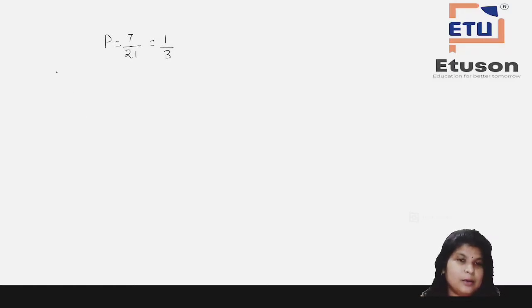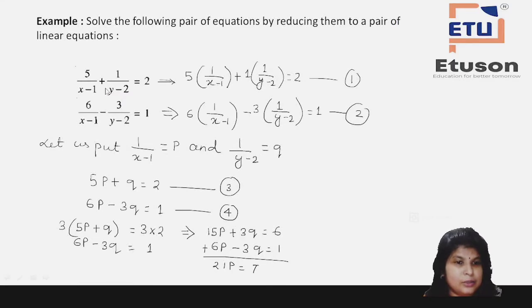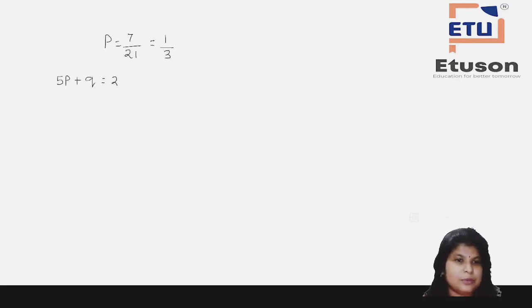Now I can put this p value in any of the equations to find your q value. Remember the third equation which you obtained: 5p plus q is equal to 2. Correct or not? So let us check whether I am writing correctly. 5p plus q is equal to 2.